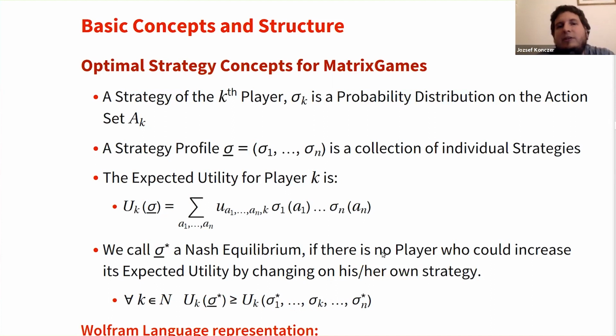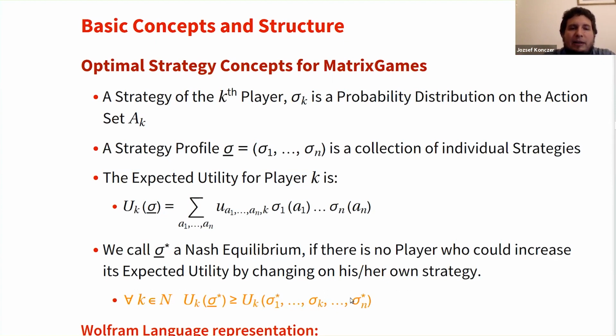So strategies can be, in general, a random strategy. And if one can determine the strategies for all players, then we can talk about a strategy profile. And if we have a strategy profile, then by the weighted sum, we can calculate the expected utility for every player. This is this capital U_k.